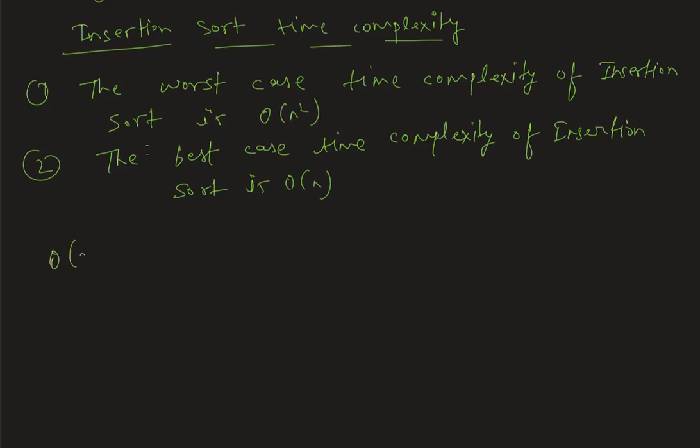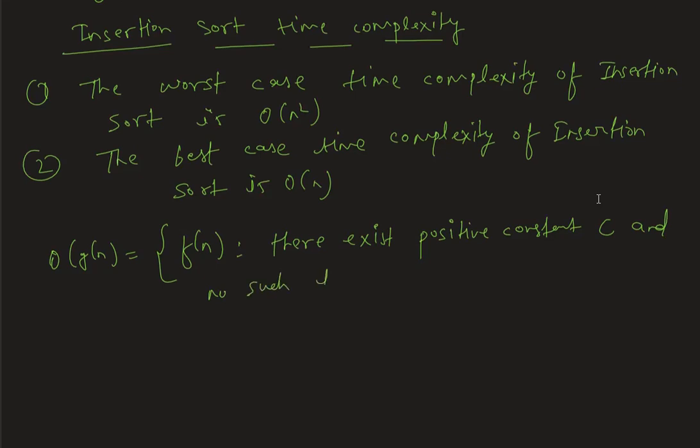Big O of g of n is equal to f of n function when there exists positive constant c and n naught such that we have f of n greater than 0 and c into g of n greater than f of n, for all n greater than equal to n naught.